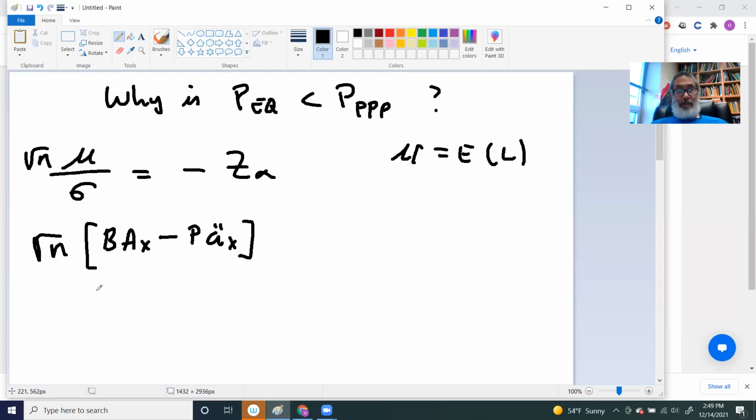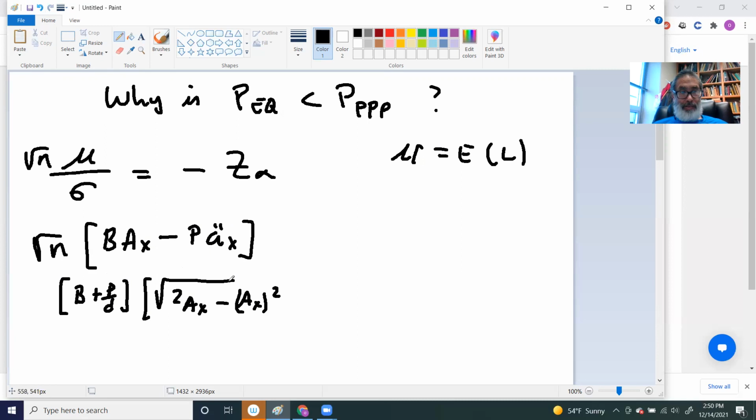And this sigma, I'll just go ahead and write it this way. And of course, the square root of the variance of the random variable. And this is going to be equal to minus z alpha.